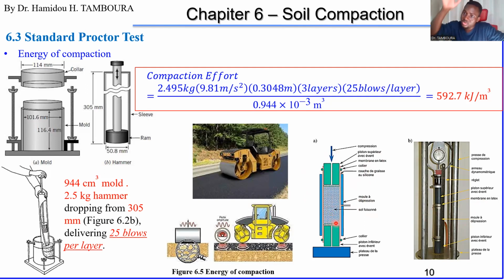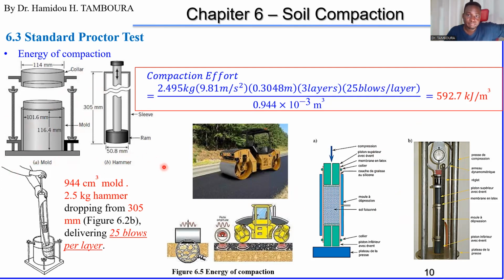You just leave that weight on the soil and keep it like that until a certain given time, and this will compress the soil statically. It's not dynamic, where you drop a hammer. Not so famous. Mainly people use this type.